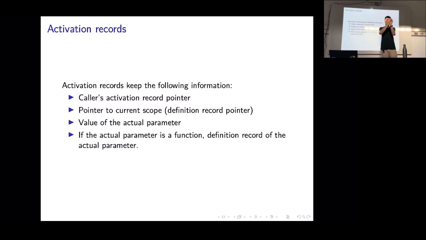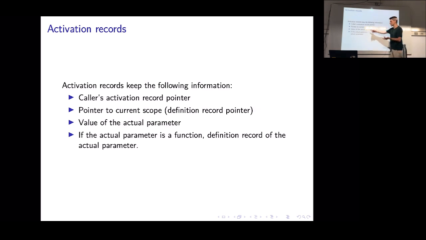So L0 is the parameter of the function. L1 is the parameter of the outside function. So we need to go back by one link in the chain and retrieve the correct parameter.